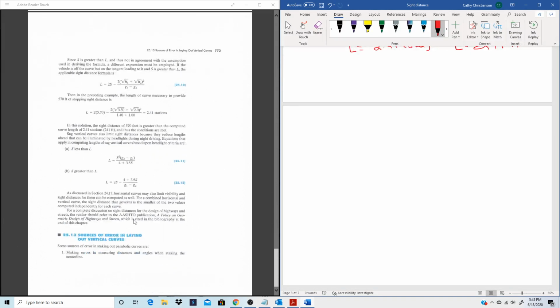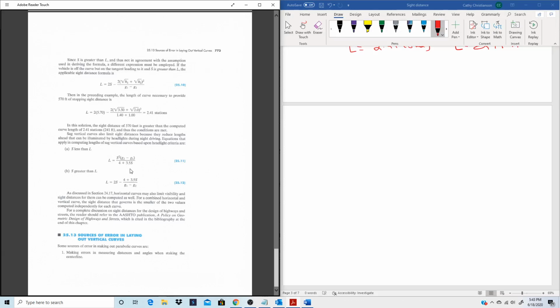So right here gives you your headlight material, and this one doesn't have H1s and H2s, it just has some constants in it. So for that one, you would have to do the same thing. You would have to solve.